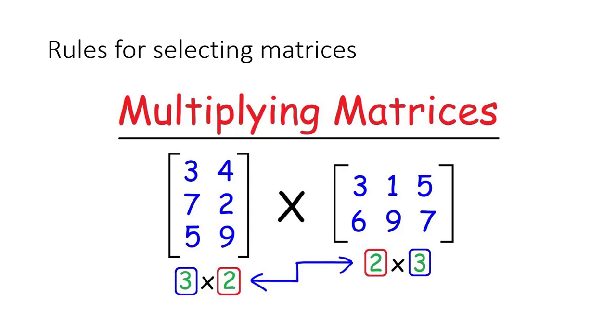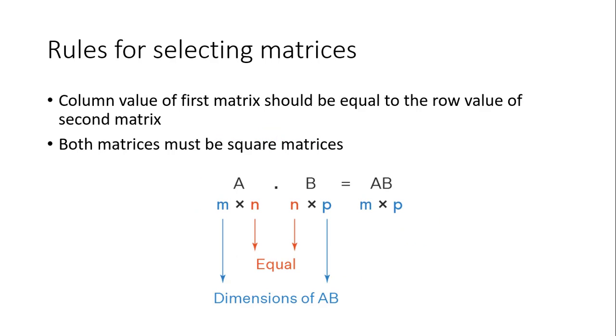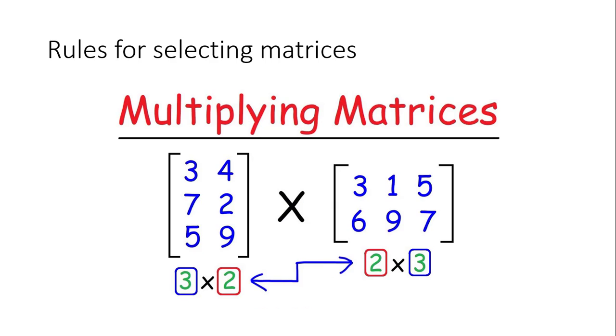We have to apply the rules that we have seen on the first slide. Here, these two matrices are not square matrices because both have a different number of rows and a different number of columns. So here we have to apply the first rule. Here you see the column value of the A matrix is equal to the row value of the B matrix. So here we can do the multiplication. So here the first rule is applied.